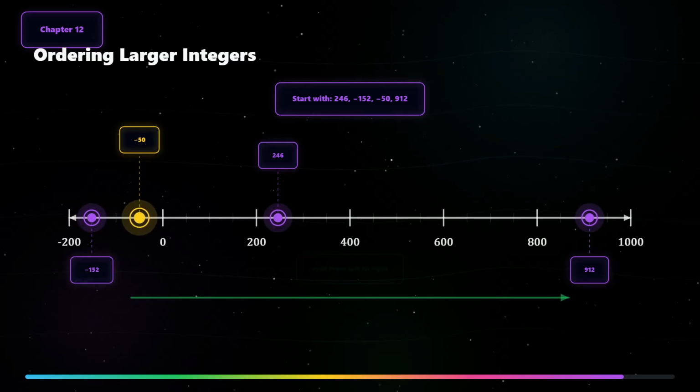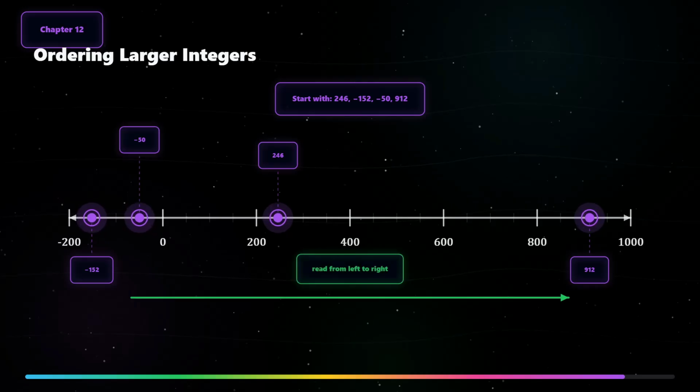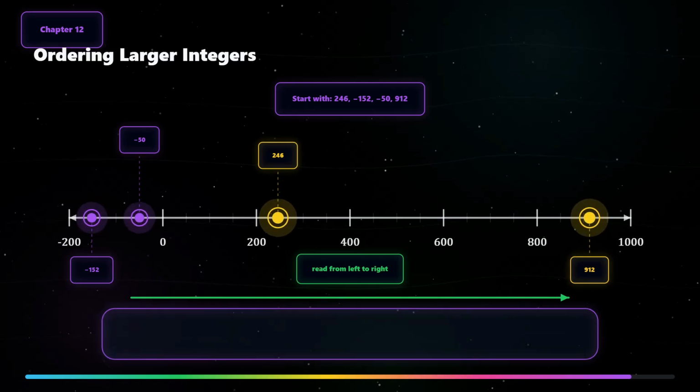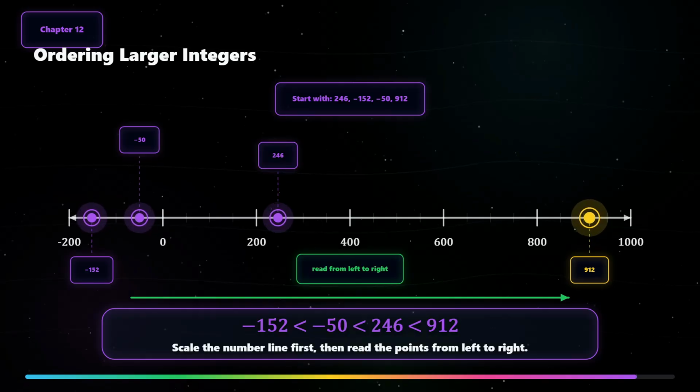Then comes -50. After that, we move past 0 into the positive numbers. 246 comes next, and 912 is the largest. So the ascending order is -152, -50, 246, 912. The method has not changed.